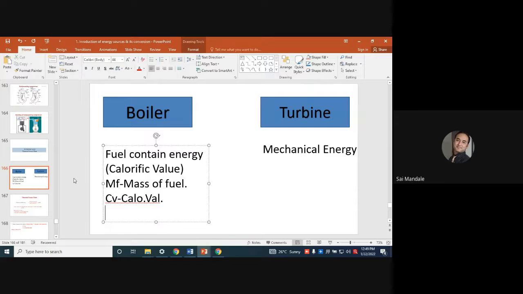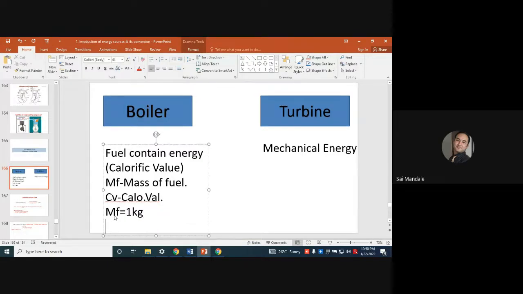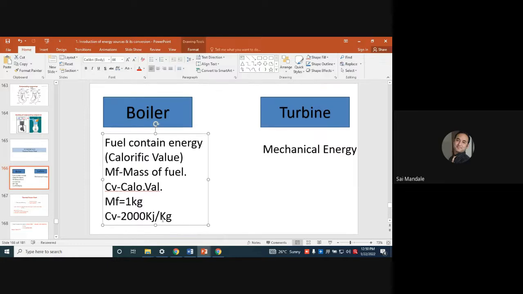Now, if I consume 1 kg of fuel, means if MF is equal to 1 kg and say CV is equal to 2000 kilojoule per kg, for example. So what does that mean? The energy developed inside the boiler is because of fuel in the combustion chamber.